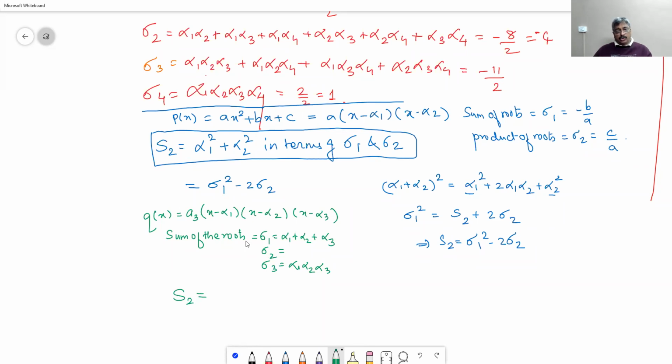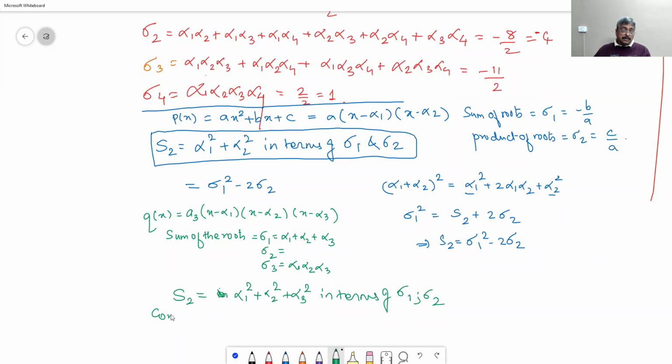When you have 3 roots, alpha 1, alpha 2 and alpha 3, what is the formula for S2, that is, alpha 1 square plus alpha 2 square plus alpha 3 square, in terms of sigma 1, sigma 2? Same calculations but a little longer.